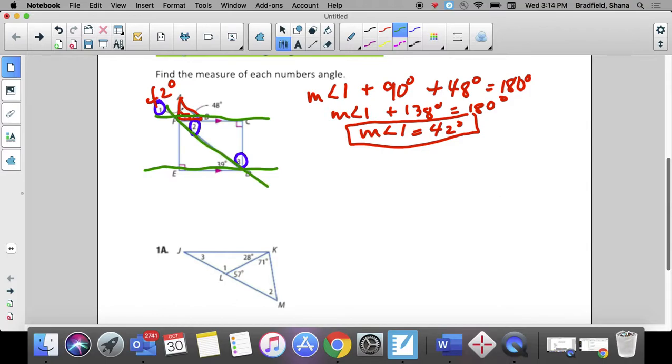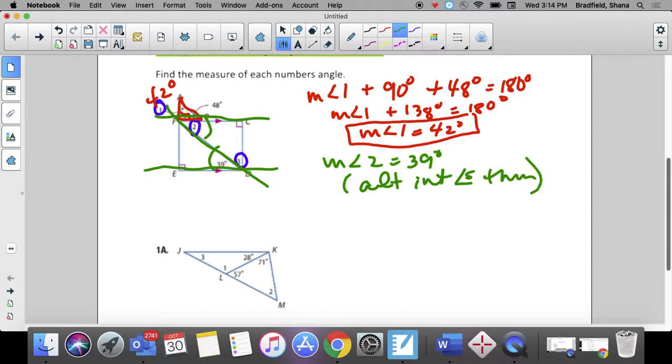The alternate interior angles theorem says that if we have parallel lines cut by a transversal, then alternate interior angles are congruent. So just by that, the measure of angle 2 would have to equal 39 degrees, and that's the alternate interior angles theorem.